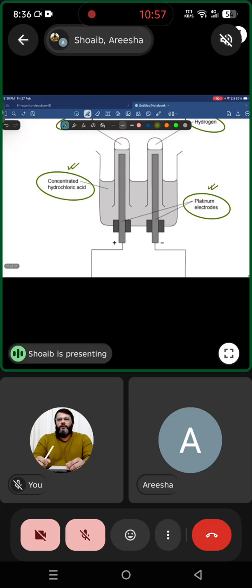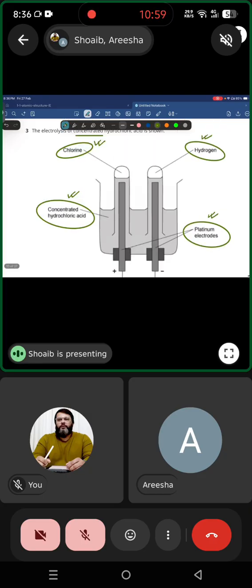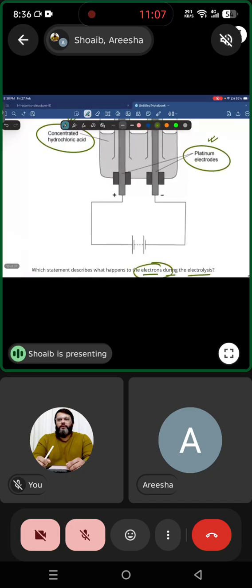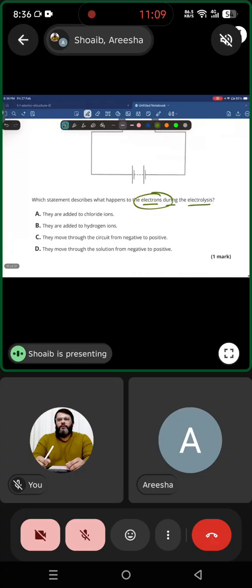These are four questions the examiner can ask, but he comes out of the way and asks the question in a very different way.